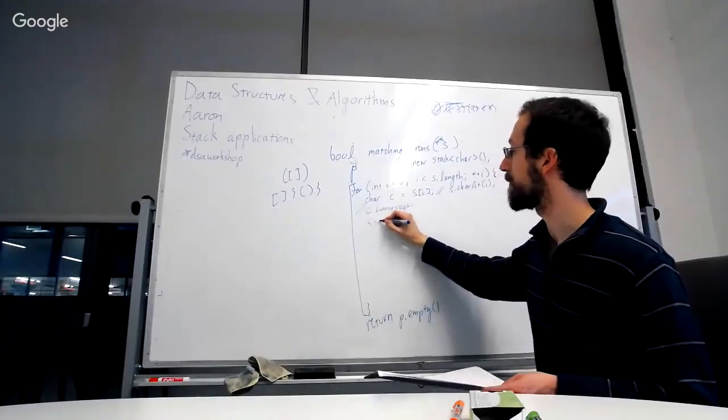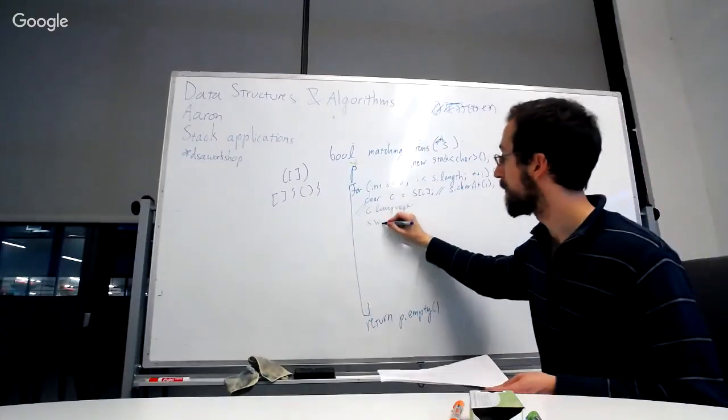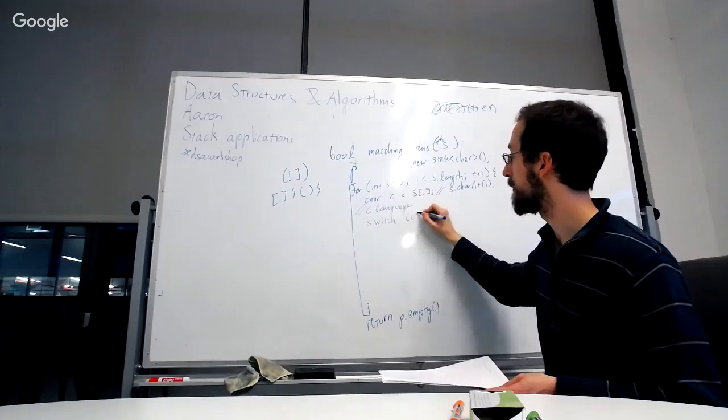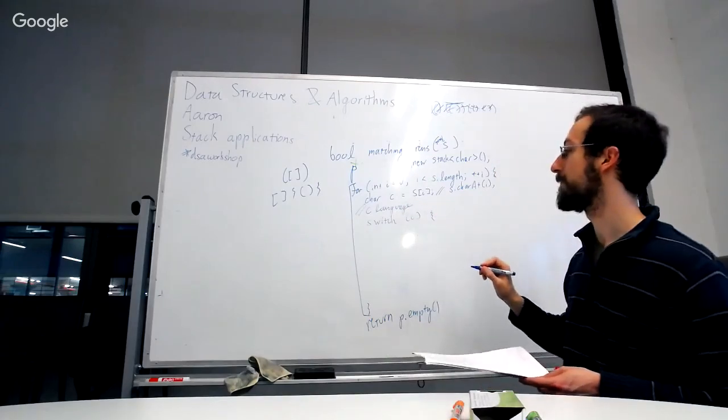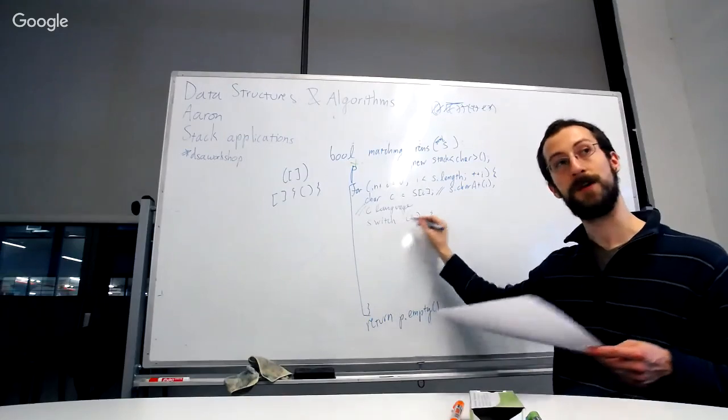You would write something like, is this showing up? Oh, sure. Switch of c. This is not too different from saying if, but we're not doing a comparison yet.